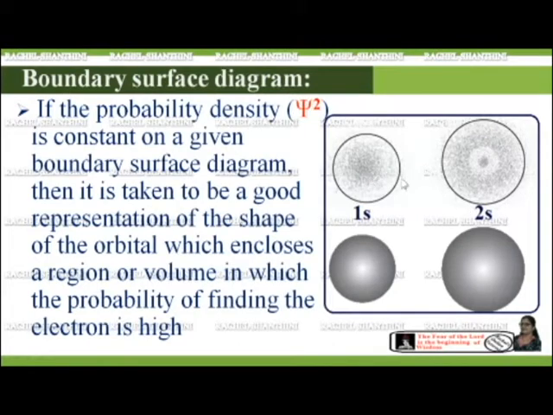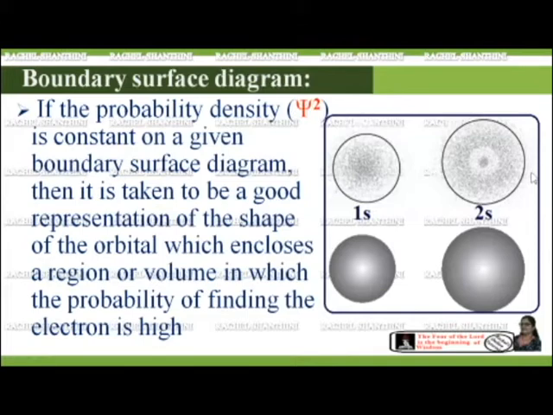But the probability density of the electron does not become zero even at a very large distance from the nucleus. Here also you could see some dots which represent the probability of finding the electron, right?